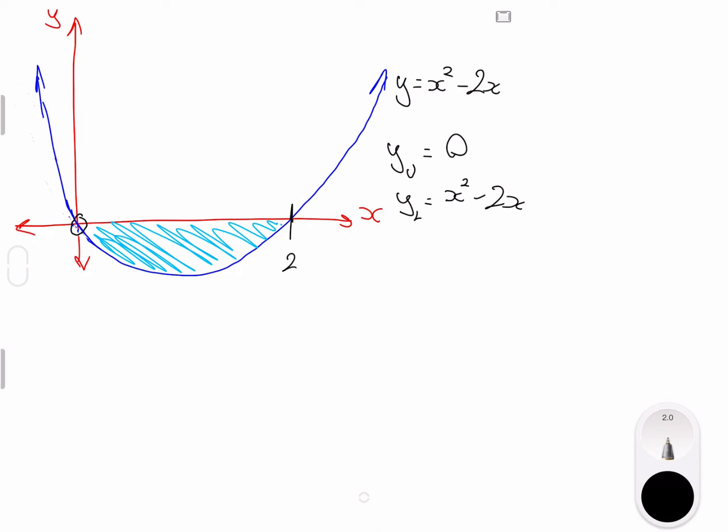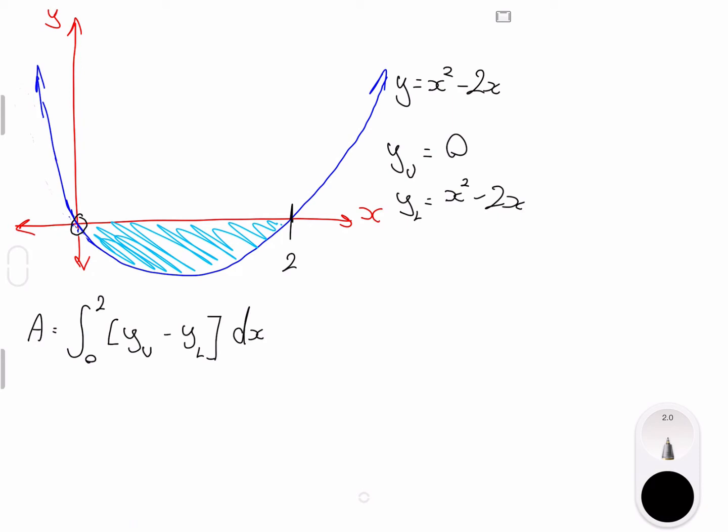And this goes from 0, so it's passing through the origin here, and this point here is 2. So, let's go through and find out what the area is. So, area A is just going to be equal to the integral from 0 to 2 of y u take y l with respect to x.